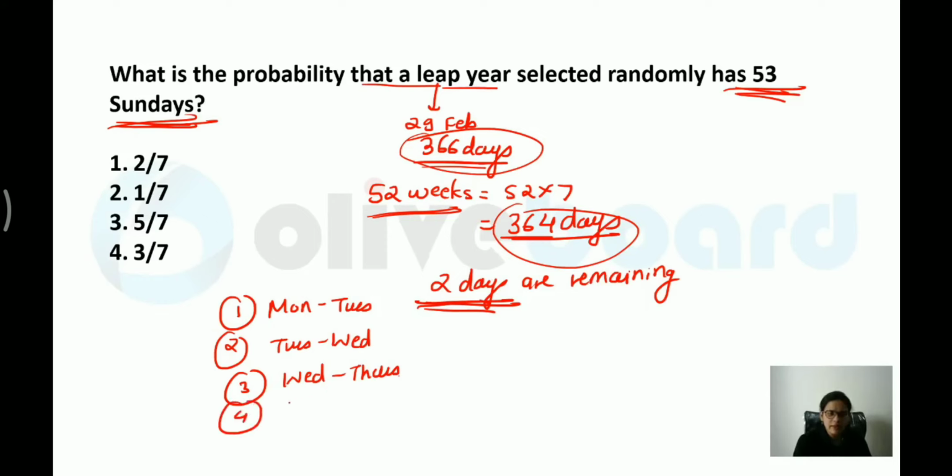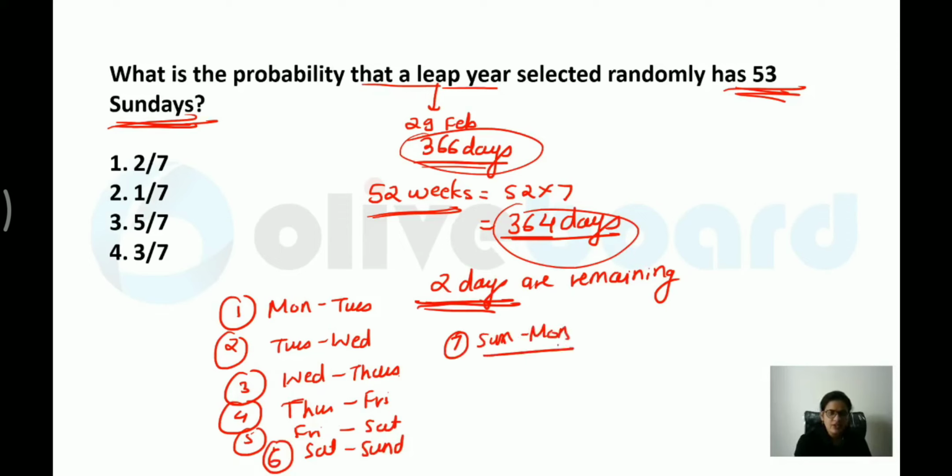Fourth one can be Thursday, Friday. Then Friday, Saturday, then Saturday and Sunday, and the last possibility would be Sunday and Monday. Now what is given in your question? You want 53 Sundays. So what is the probability of getting Sunday?